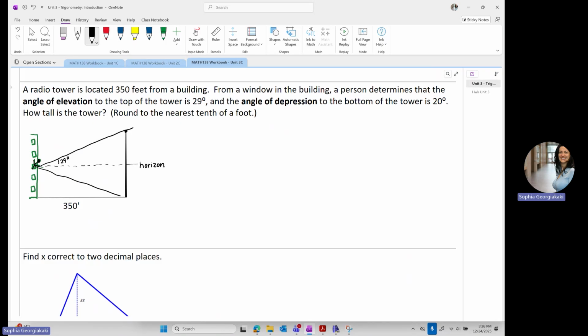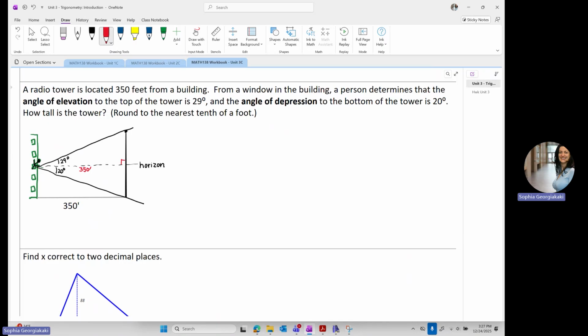And per the problem, the bottom of the tower is 20 degrees from the level where the person is looking at the tower. And what we do know is that the horizontal distance from the person to the tower is 350 feet. So not only is 350 feet on the ground, but it's also 350 feet on this horizon. We also assume that if this tower is standing up and not leaning, that tower is vertical.